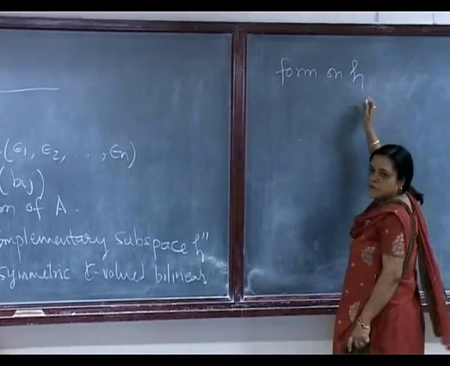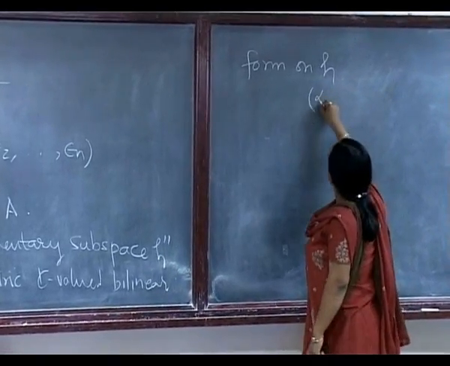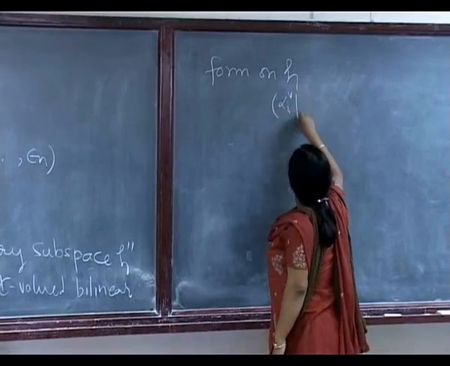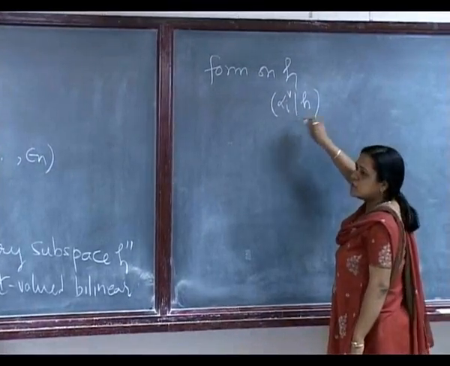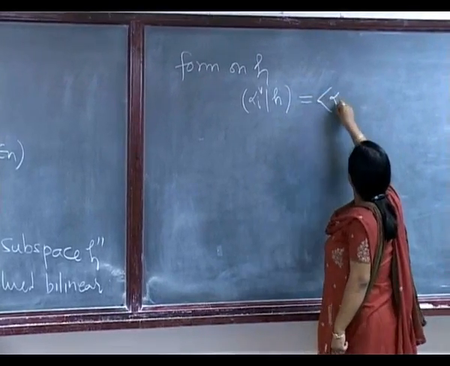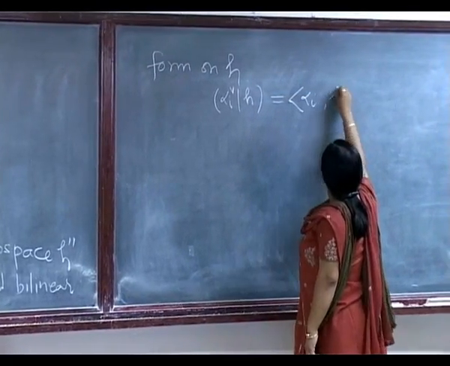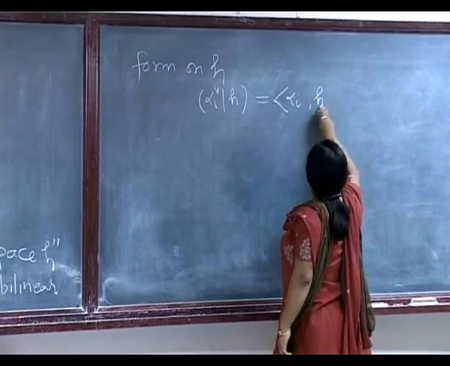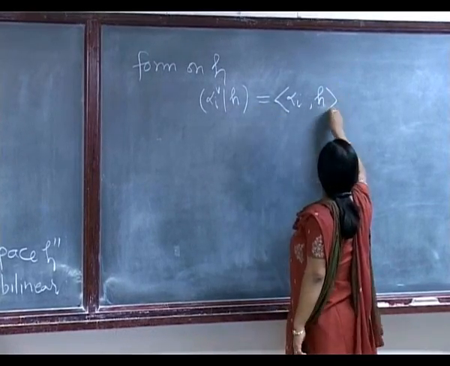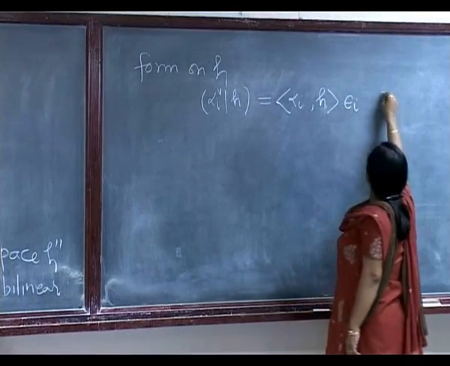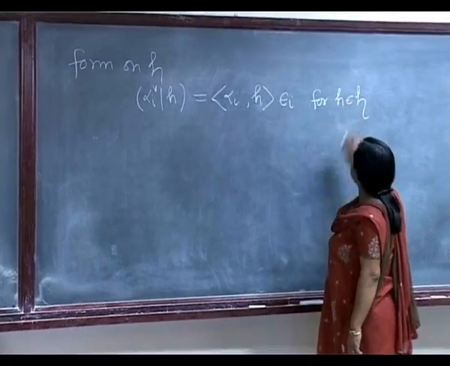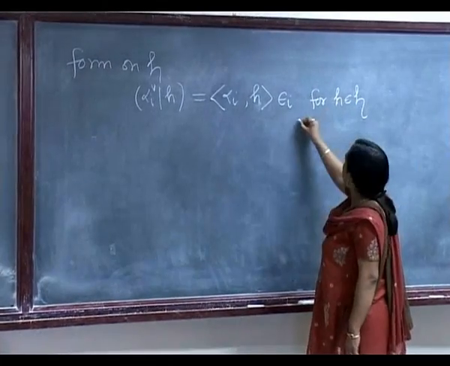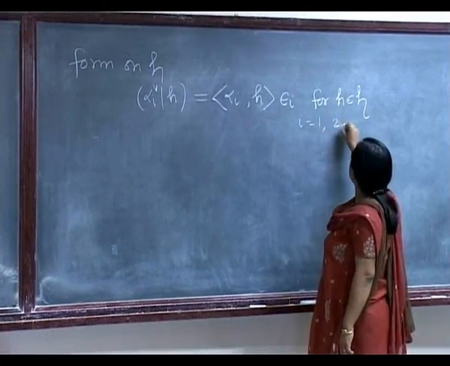So, the form is defined in this way: alpha_i check on an element h is defined as alpha_i of h, times epsilon_i, for h belongs to h, i varies from 1 to n.